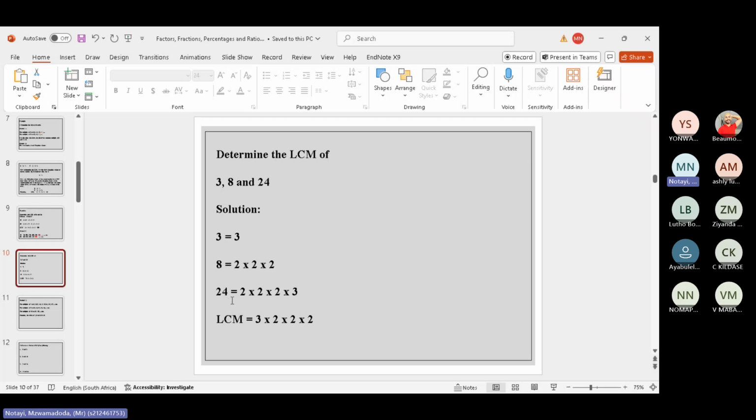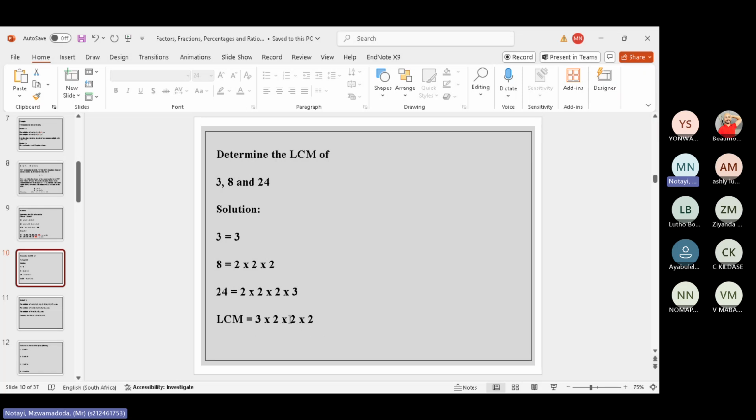So 24 is equal to 2 times 2 times 2 times 3. All those prime factors of 24 have already been written down, so there's no need to write any of those down. So we have 3 multiplied by 2 multiplied by 2 multiplied by 2.